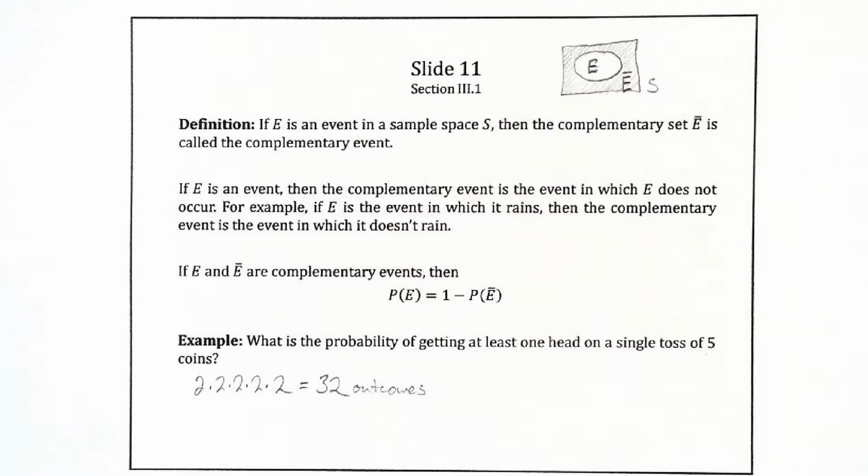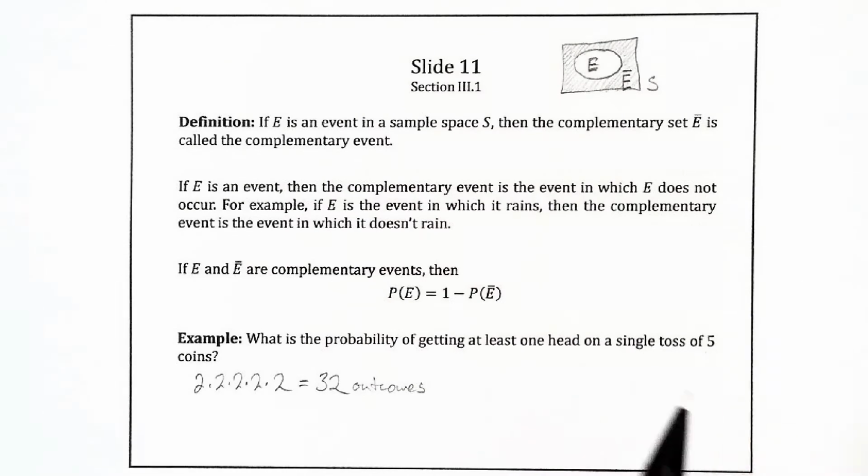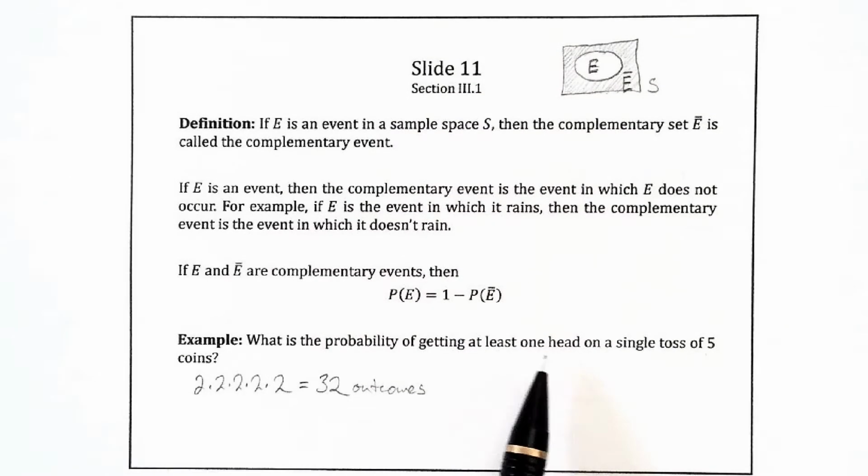But now I want to know what's the probability of getting at least one heads up when we toss 5 coins. I could do this by trying to add up all the different 32 outcomes that give me one heads up. But it's easier to figure out how many ways there are to get less than one heads up. The complement of getting at least one head would be the probability of getting no heads at all.